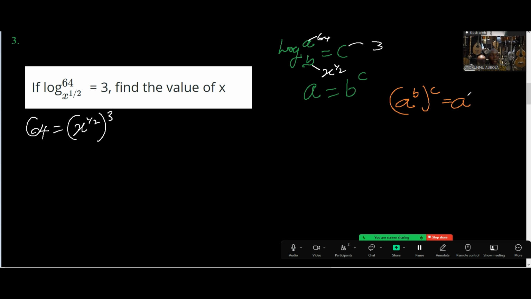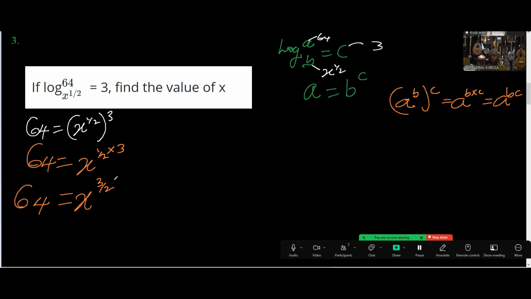This is a raised to power b times c, which is a raised to power bc. Yes, sir. So what do you think I should do to the power there? 64 equals x raised to power half times 3. Half times 3 should give me what? That's 3 over 2. Yes, sir. x raised to power 3 over 2.